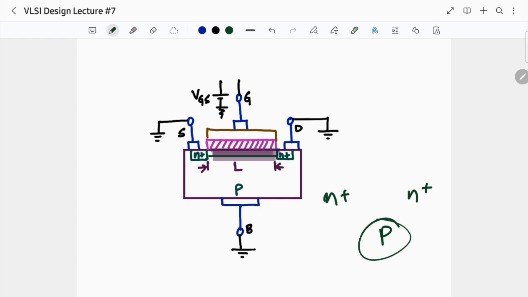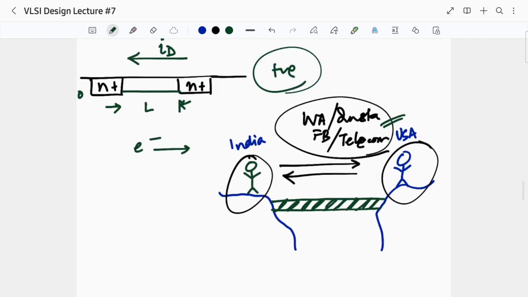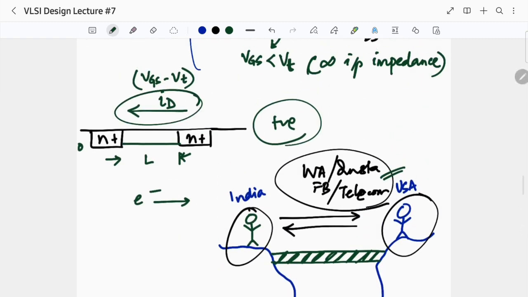P-type substrate. Was there any kind of bridge between these two pockets? No. So to create that bridge, we have done this channel induction, and because of which our current can flow. That is why the channel formation is one of the important steps, without which you are not able to get your desired outcome. And what is our desired outcome from a MOSFET? ID.